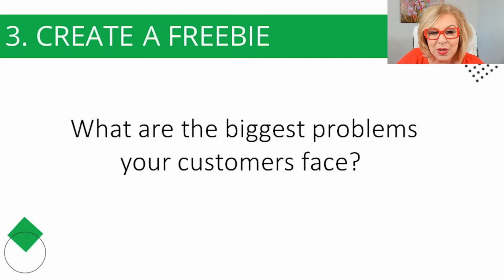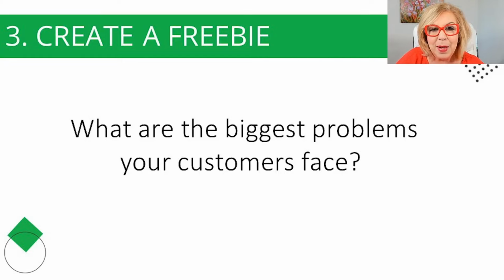The third thing that you can do is create a freebie. There are different words for, quote unquote, freebie. The digital marketing speak is a lead magnet. I've referred to them as free offers or ethical bribes. But basically a freebie is an exchange of something that's value-based to your person for their email address.